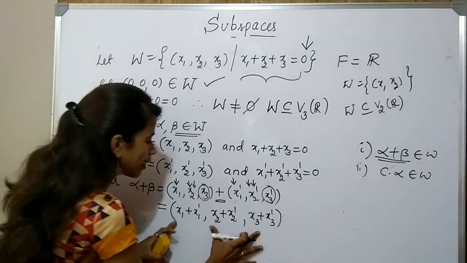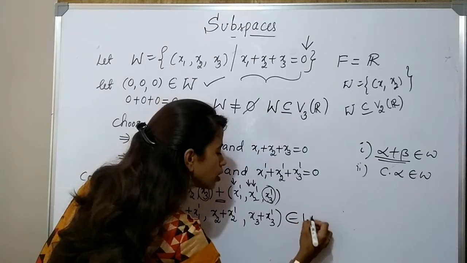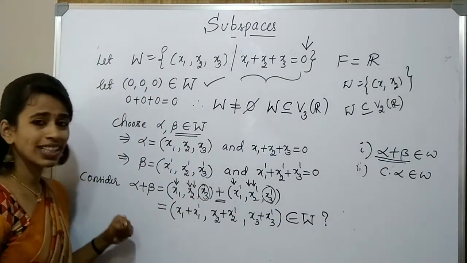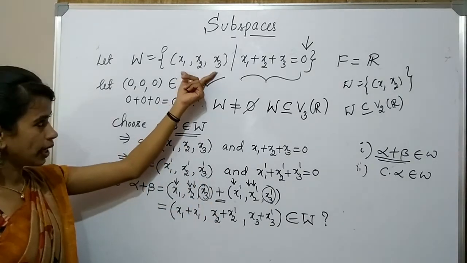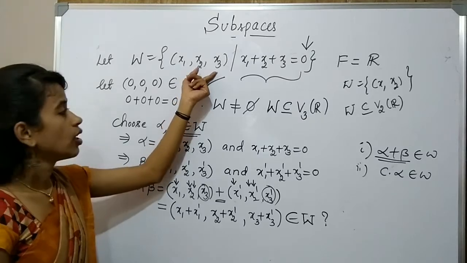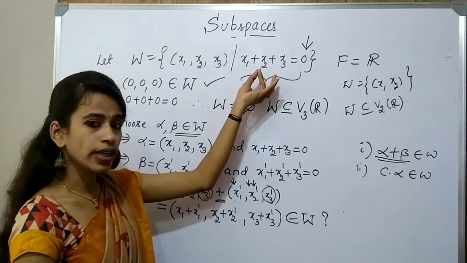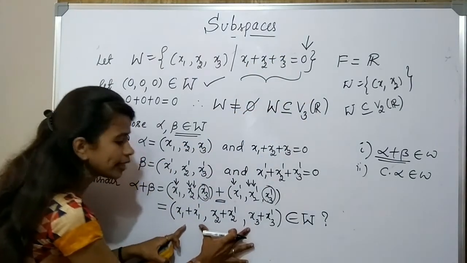Does alpha plus beta belong to W? To be in W, the element must be a triplet, and also the sum of the first, second and third coordinates must be equal to 0. Here it is clearly in triplet form.